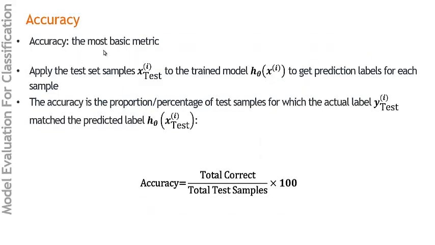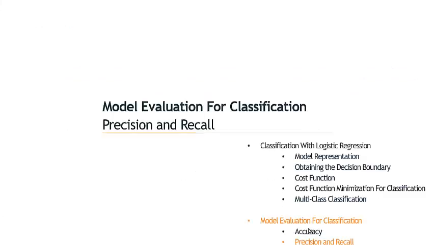Accuracy is the most basic metric. It's the proportion of test samples for which the actual label matches the predicted label. So that's total correct over total test samples. Related to the confusion matrix picture, it's the ones in the green boxes divided by the total. Now, you convert to a percentage by multiplying by 100. You can have accuracy as a fraction or as a percentage.